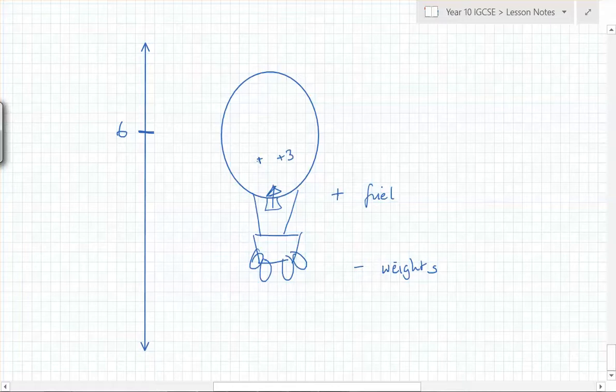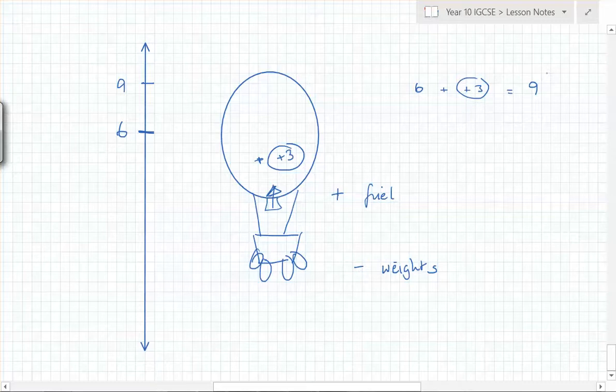Do you understand the difference between that add and a positive? So I'm adding fuel, which is a positive. It goes up 3 slots. So it goes up to 9. Alright? So if I add 3 fuel, it goes up. You understand that? So 6 plus +3 makes 9.